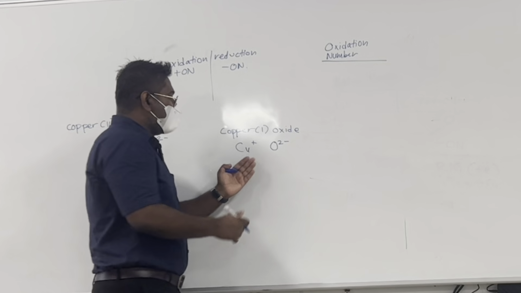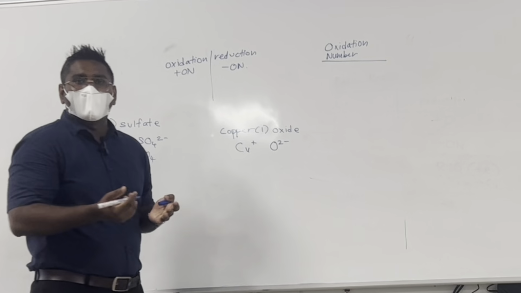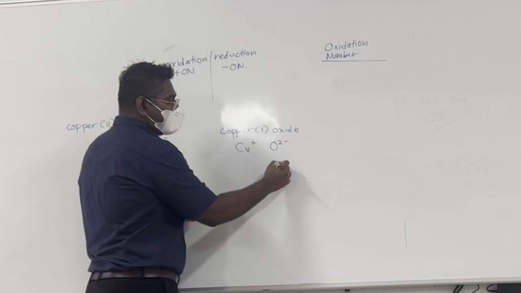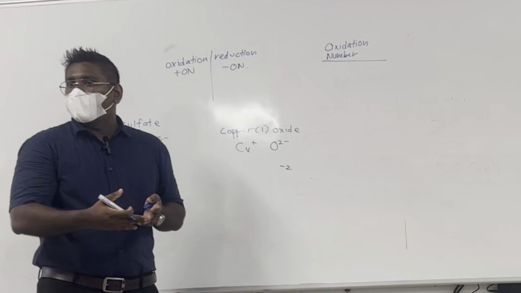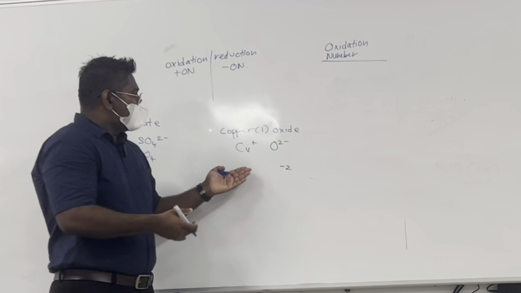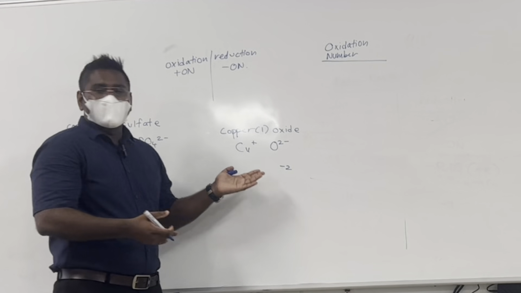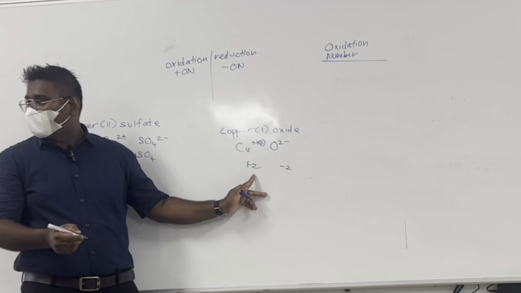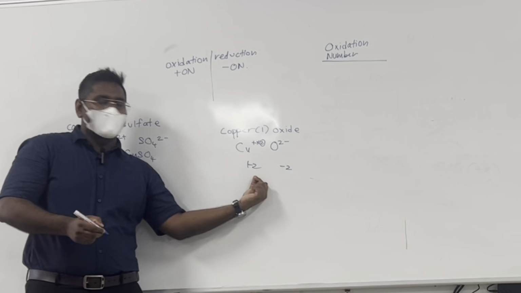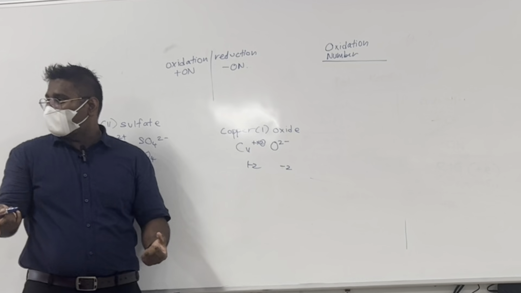If you have negative 2, the charge, you want something that is neutral. Here also must be plus 2, but you only have plus 1. So what you need to do? You times by 2 to get plus 2, so that when you add these two, you get 0.